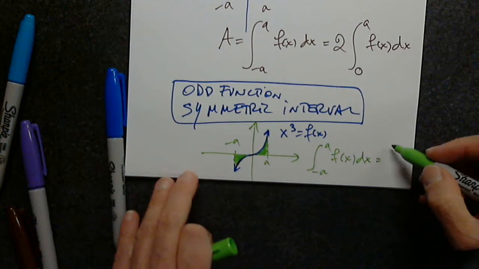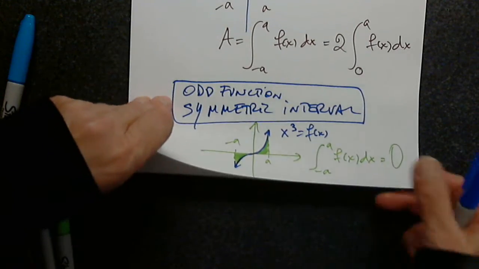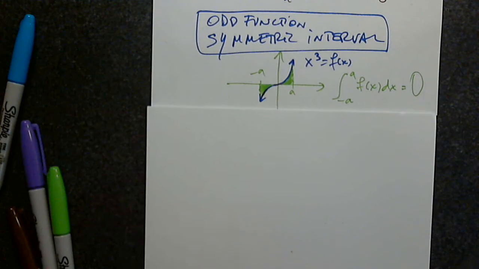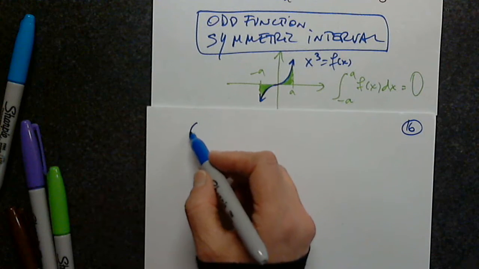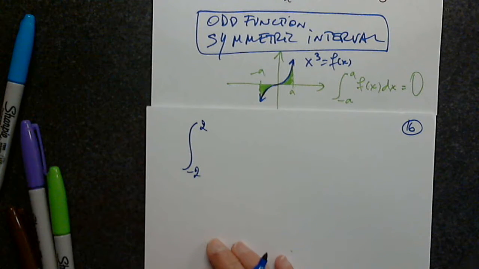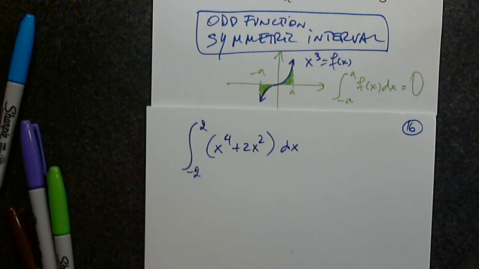Identical pieces, however, one is positive and one is negative. So therefore, two conditions have to be fulfilled: symmetric interval and odd function. I'd like to look at a couple of examples. Let's say the integral from -2 to 2 of x to the fourth plus 2x squared dx.